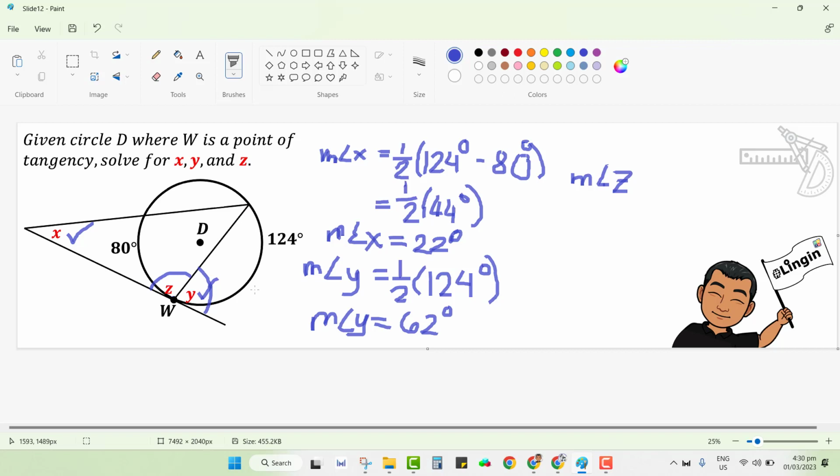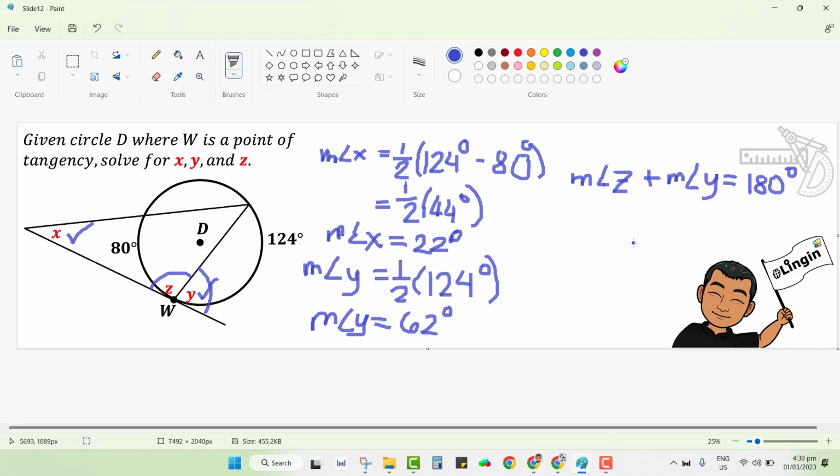They are actually forming a linear pair. When you say linear pair, the measurement of angle Z plus the measurement of angle Y is simply 180 degrees.